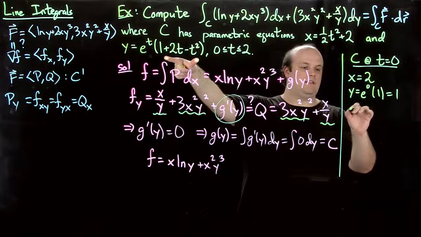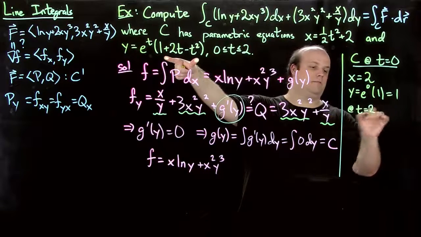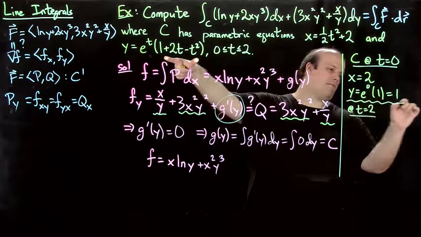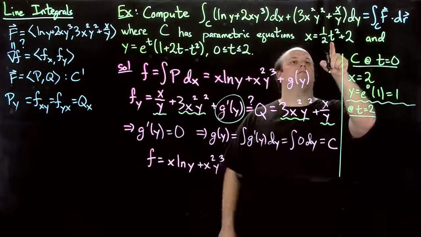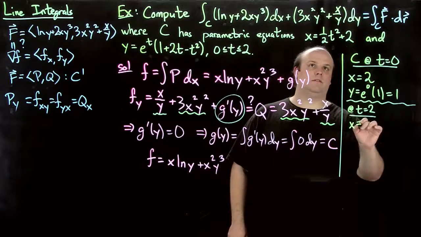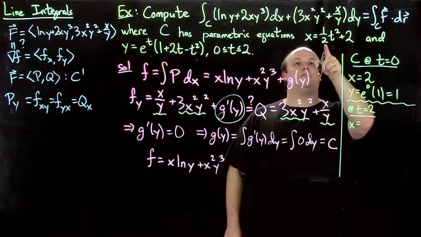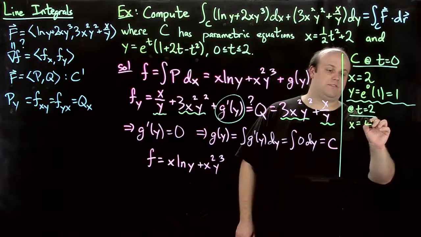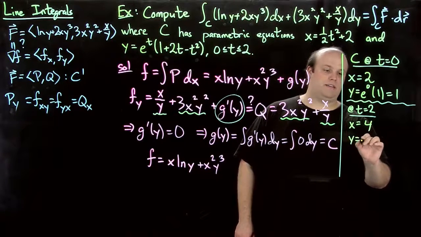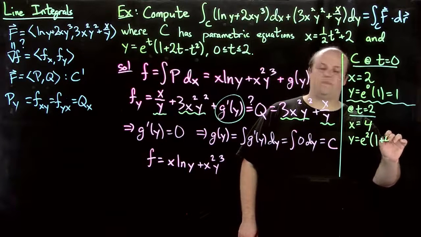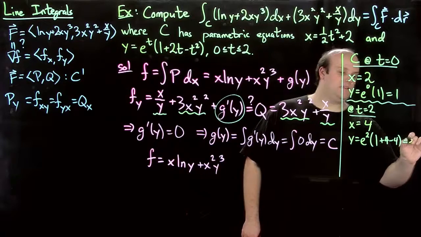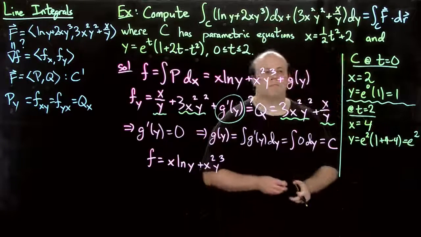And then at t equals 2, we get, so x is 2 times 2 is 4, divided by 2 is 2, plus 2 is 4. And y is e squared, 1 plus 4 minus 4, so e squared. Right?